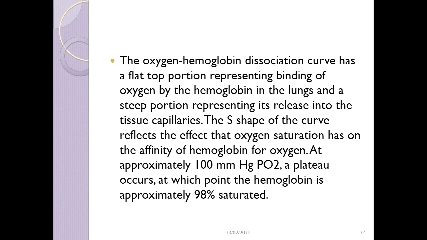The hemoglobin is completely saturated with oxygen. It means that the four heme parts of the hemoglobin molecule are saturated with oxygen. So a plateau will occur. It will not increase in its affinity.